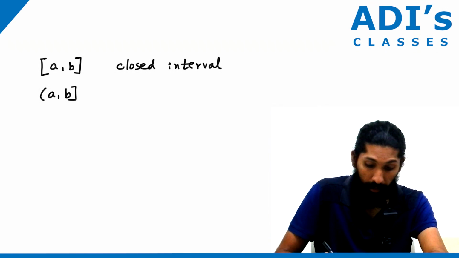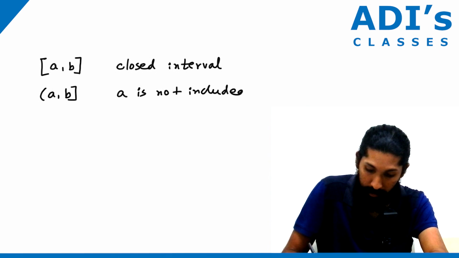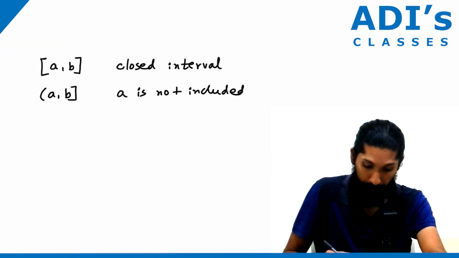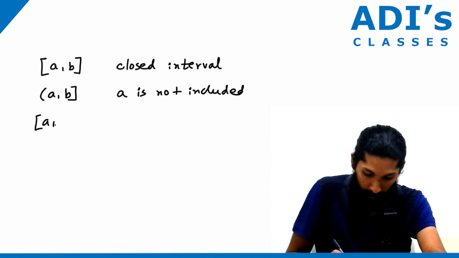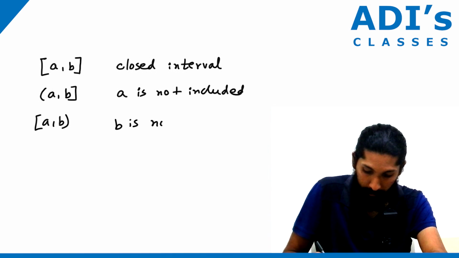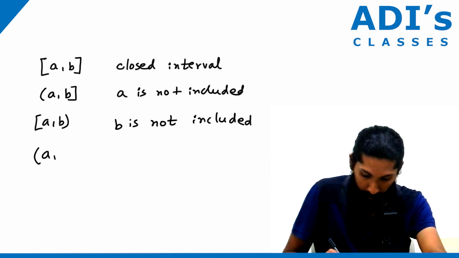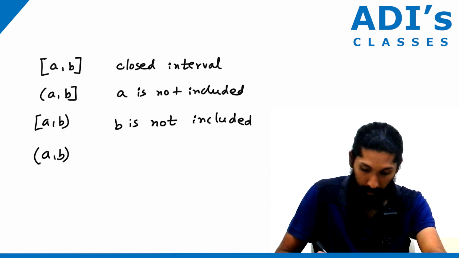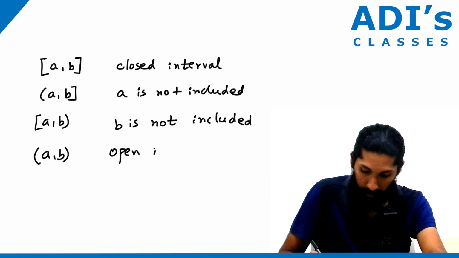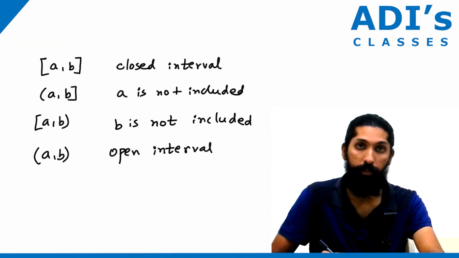So here, a is not included, whereas b is included. If you write [a, b), then b is not included. Suppose if you write (a, b), then here it's an open interval. In the open interval, both of them are not included.